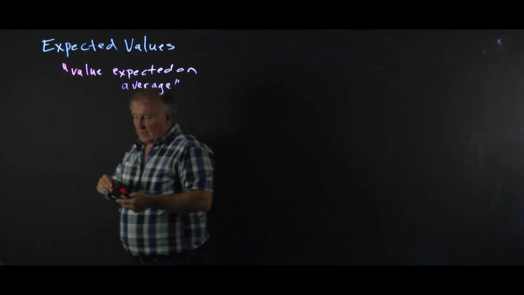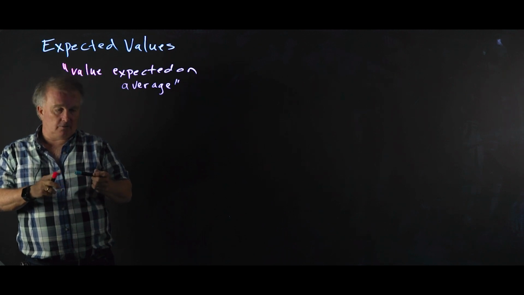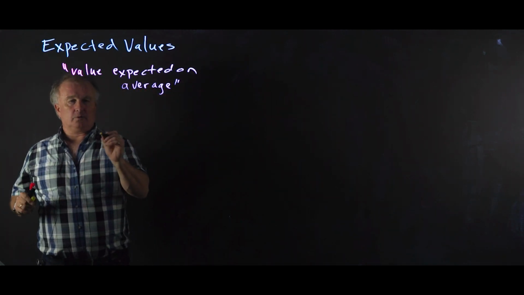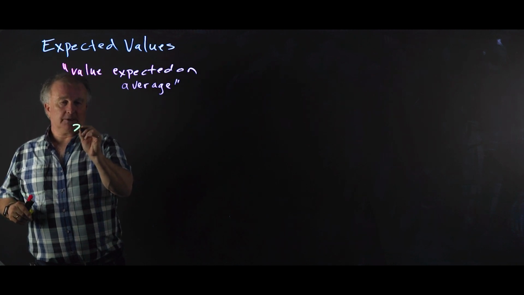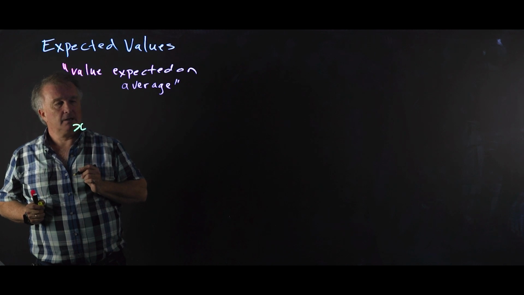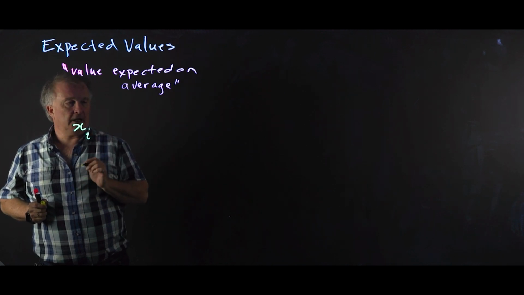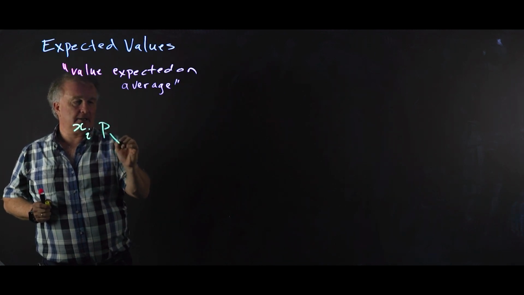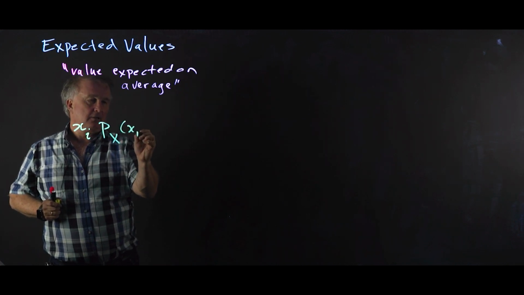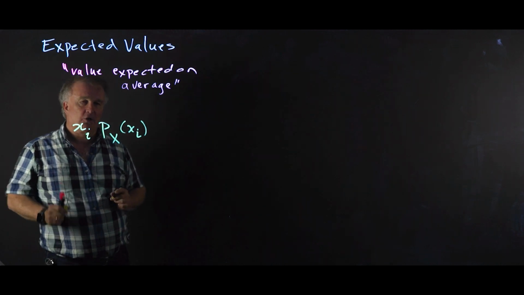In the discrete case, I'm going to add up the different values that the random variable can take on, and I'm going to weight each one by the probability that that value actually occurs.